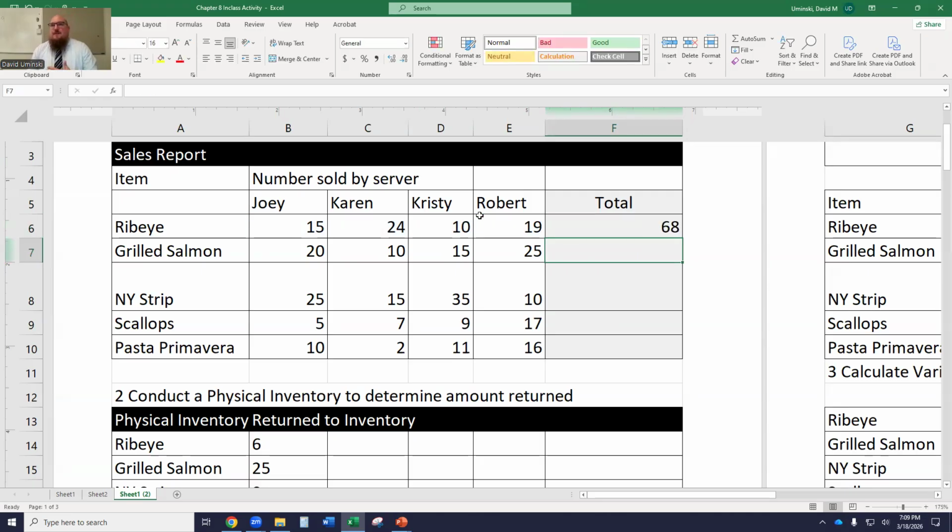I have 68 ribeyes that I sold, 70 salmon, 85 New York strips, 38 scallops, and 39 pasta primaveras. Okay. Super simple. If we have an electronic point of sales, I can also usually just run a report and that report will print out and tell me how many I sold of each item.